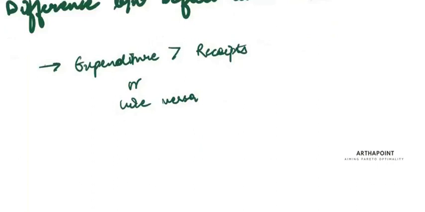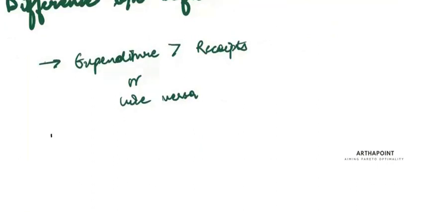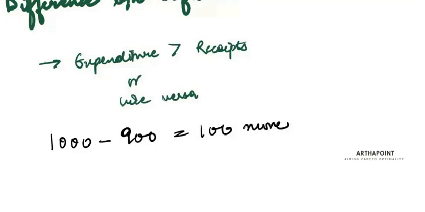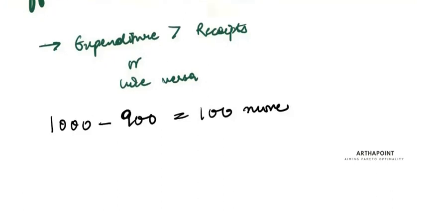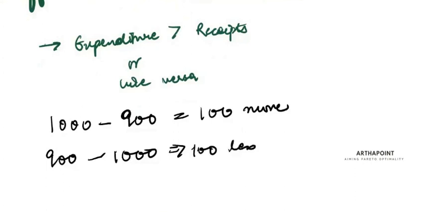So either it can be the case that the government had spent 1,000 rupees, suppose, but it only earned 900 rupees, which means it is spending 100 rupees more. Or it can be the case that the government spent 900 rupees, but it earned 1,000 rupees, which means that it is spending 100 less.